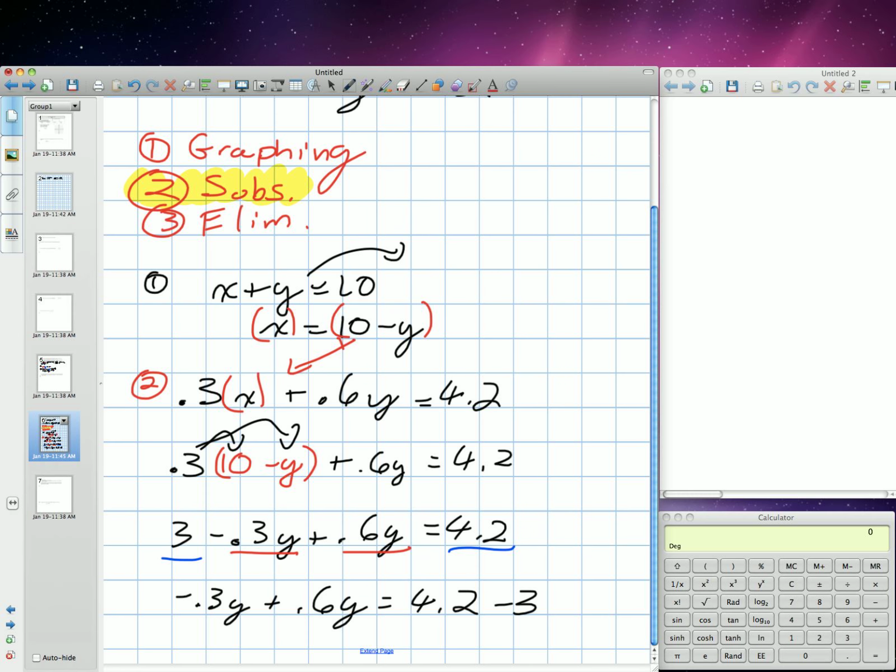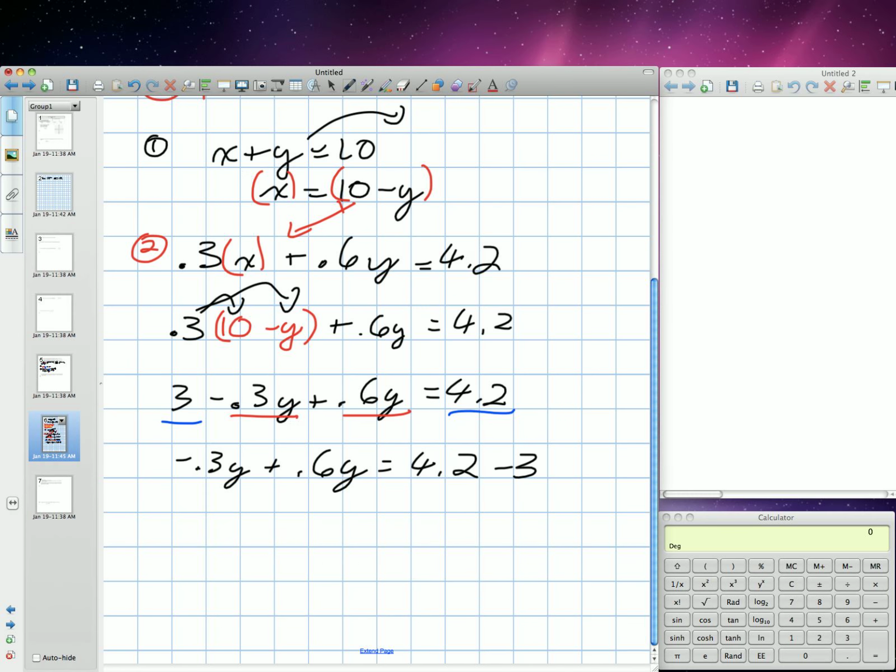Negative 0.3y plus 0.6y is? 0.3y, yeah, positive 0.3y. 4.2 minus 3? 1.2. Now, to isolate y, what do I need to do?